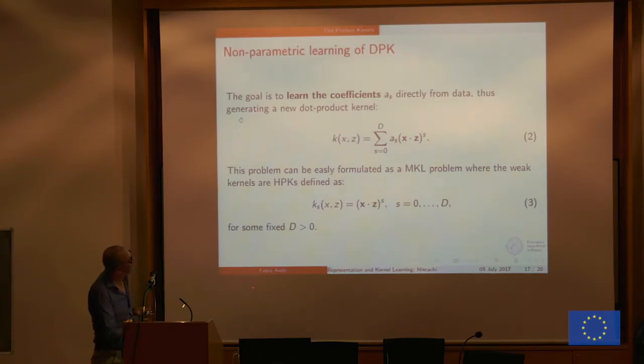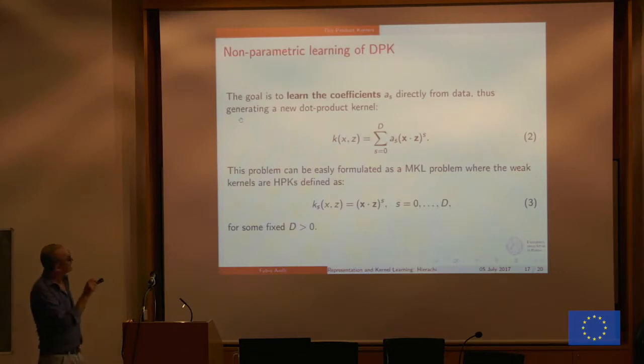Our idea is the following. You take this combination, which is usually parameterized, and you can obtain different dot product kernels.